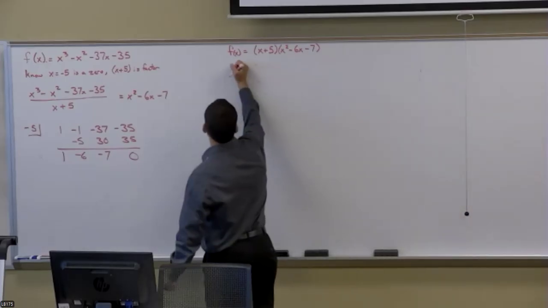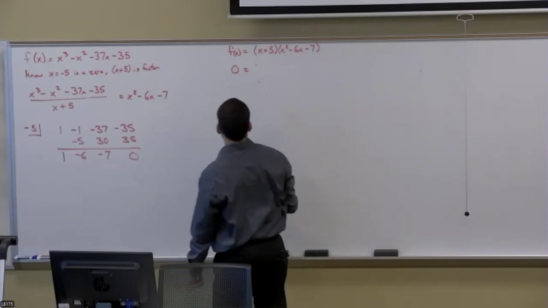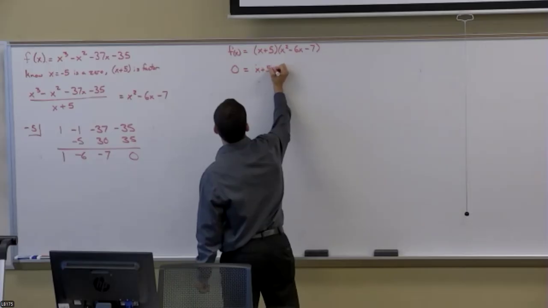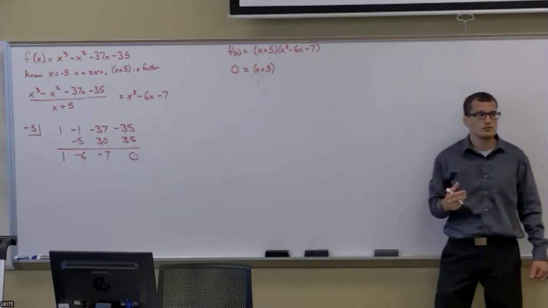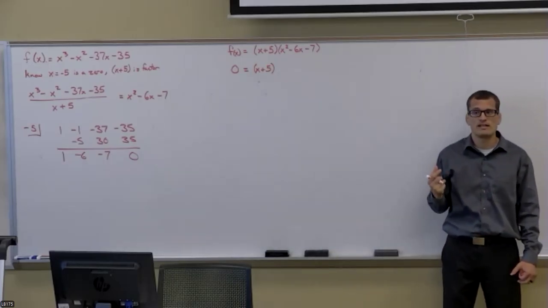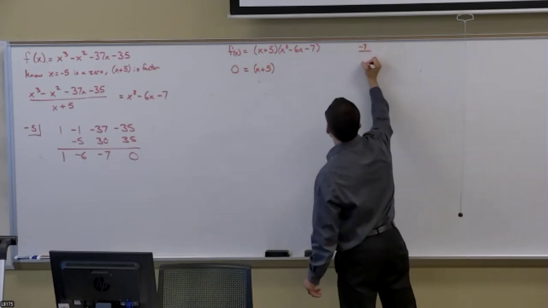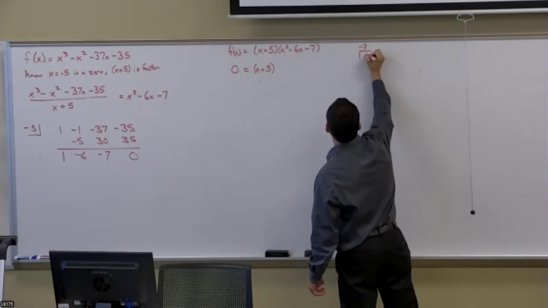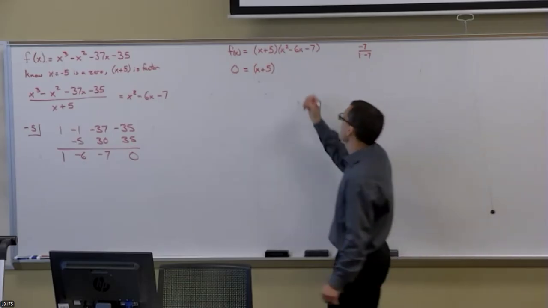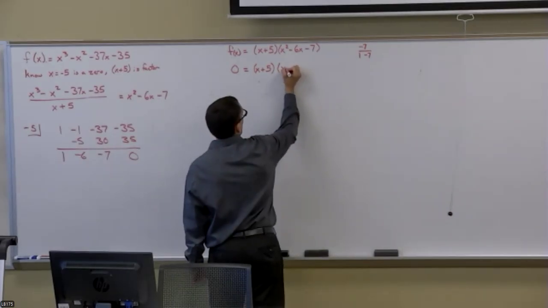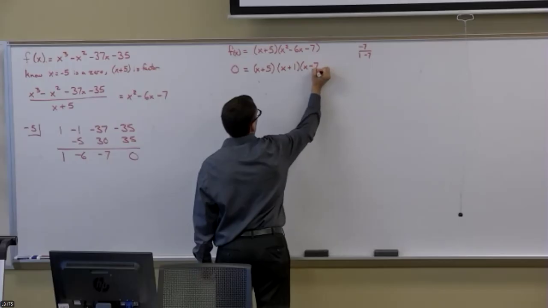Now I'm looking for zeros, so I'm trying to solve output equaling 0. X plus 5 is as simple as we can make it. We try to factor that quadratic if we can. In this case, there are factors of -7 that add to -6, in particular 1 and -7. So I can rewrite that quadratic and factor it as x plus 1 times x minus 7.